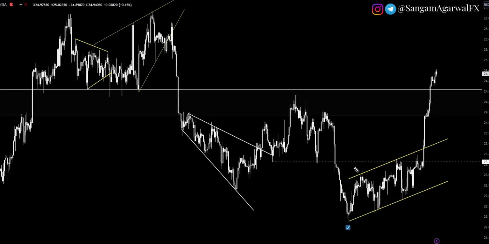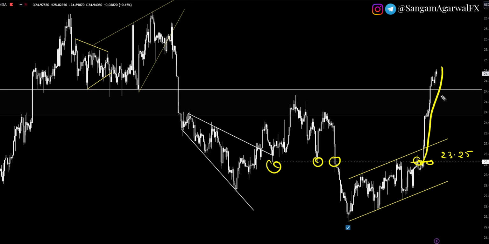And your H4 time frame, this was key resistance explained in last video. Silver H4 time frame, this is your key resistance 43.25, broken on CPI news, and now it is vertical. This is same as explained in last video.